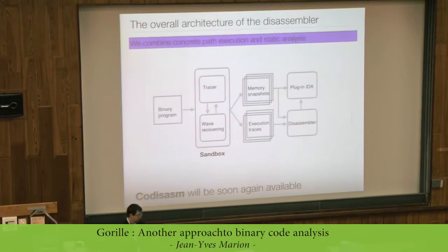So the overall architecture of this disassembler is the following one. We take a binary code, we have this tracer, we recover all the waves that we can find. We take the snapshots of memory for each wave, the trace that we cut piece by piece, wave by wave, and then we disassemble it, and we also have a plugin to indicate to IDA how to disassemble correctly, especially when there is some instruction overlapping.